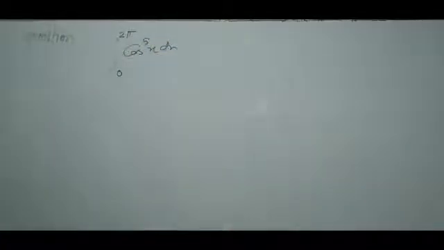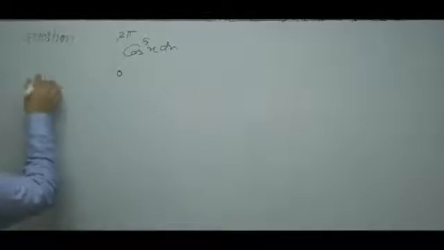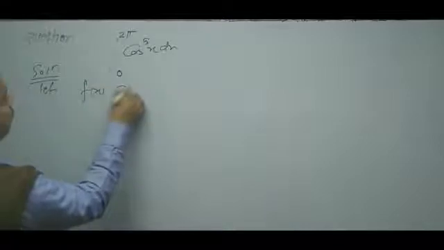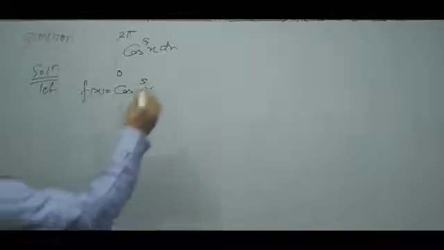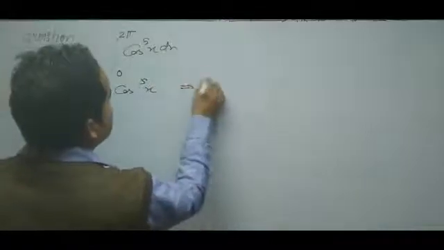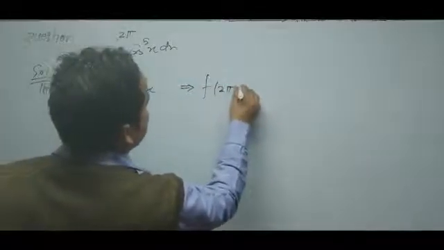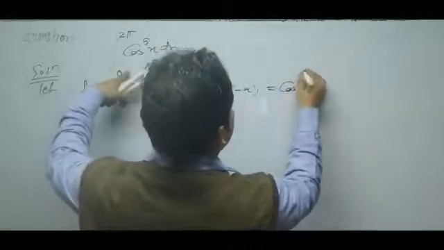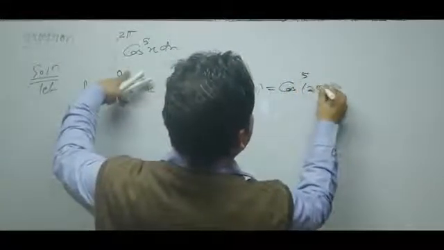So for cos to the power 5 x dx, is this odd or even? Let f(x) is equal to cos to the power 5 x, we have considered. Now f of 2 pi minus x, what can we write? The result is cos to the power 5 of (2 pi minus x).